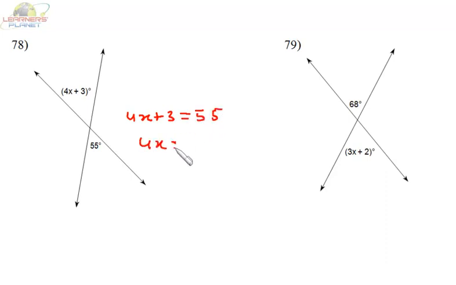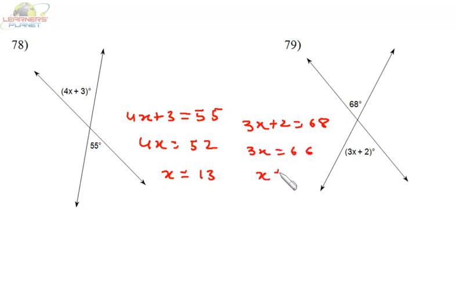So 4x is equal to 52. So x is equal to 13. Okay, quite simple. Similarly, we can see over here, this and this, both the angles are the same since they are vertically opposite. So 3x plus 2 is 68. 3x is equal to 66. That means x is equal to 33. Quite simple.